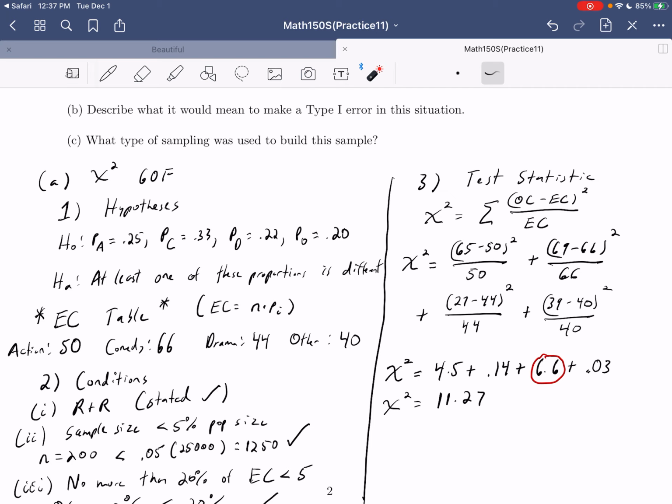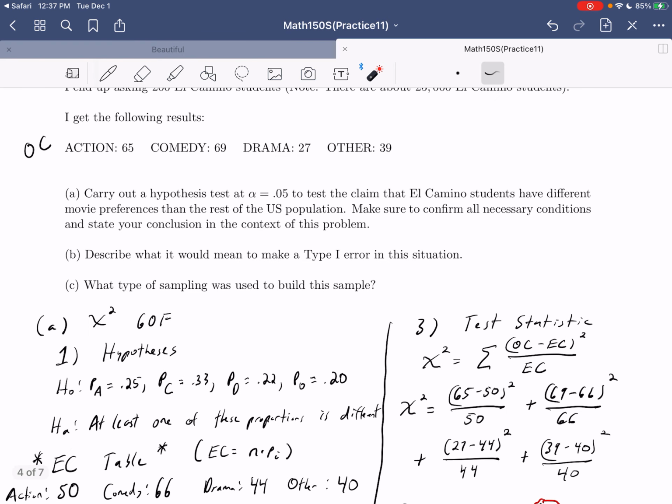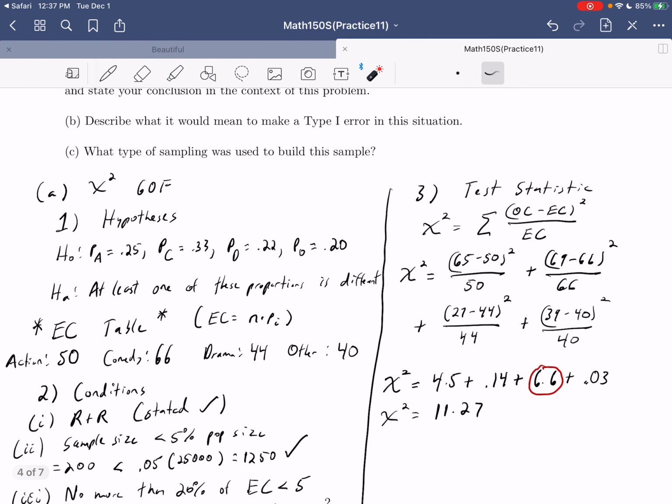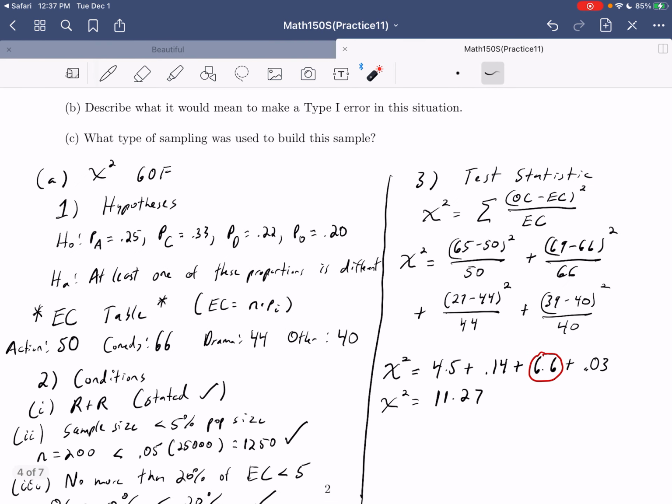So if we do find evidence that El Camino students have a different taste in movies than the rest of the U.S. population, part of our follow-up analysis could be to specifically analyze if El Camino students have less interest or the general population has more interest in dramas overall, because we saw this big difference between this 27 in our observed versus an expectation of 44.